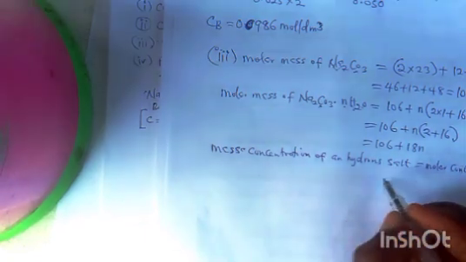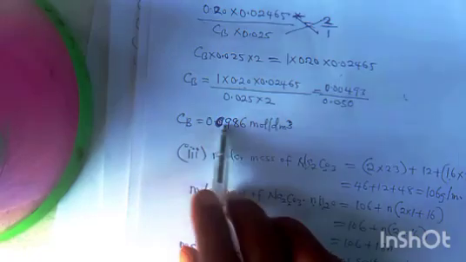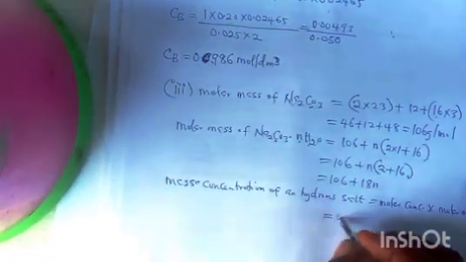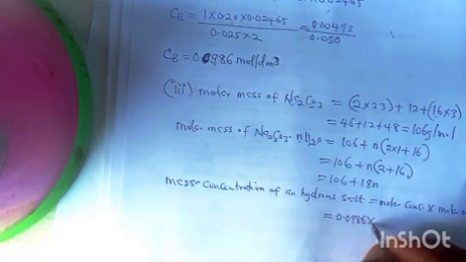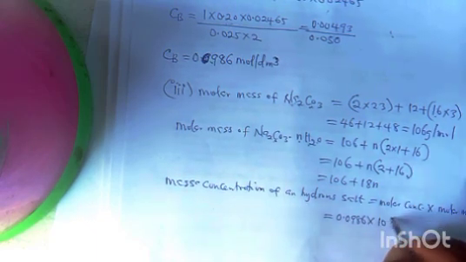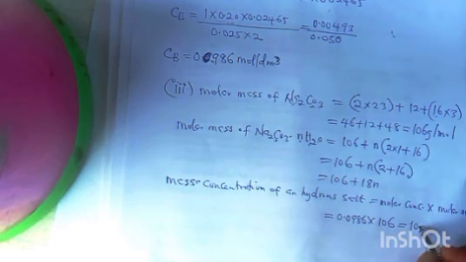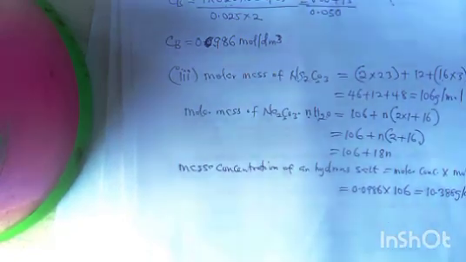Our molar concentration is already given, which is this value here. So we'll now put this value as 0.0986 times 0.6. This is going to give us 10.388 gram per dm cube. Now that is what we have there.